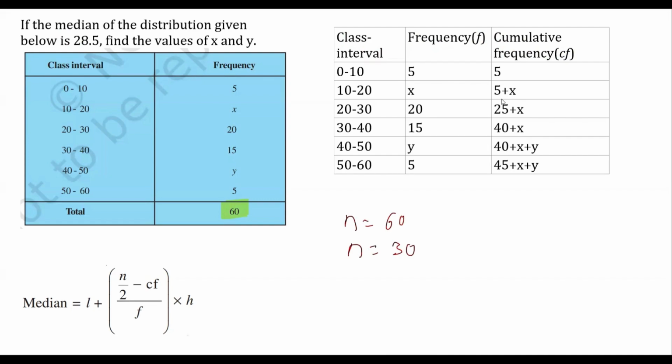First of all, we know that the median here is given as 28.5. So 28.5 will lie between 20 to 30, right? That's why we take this as the median class. Here we do not use n by 2 to ascertain the median class; we see the median.